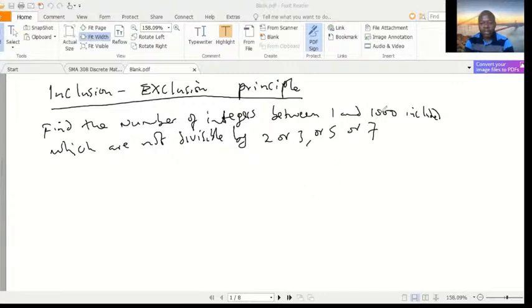Now, you can see this 1,000 is a very big number, so you cannot list all the numbers and then start counting those which are not divisible by any of these. So that means that our inclusion-exclusion principle comes in very handy.